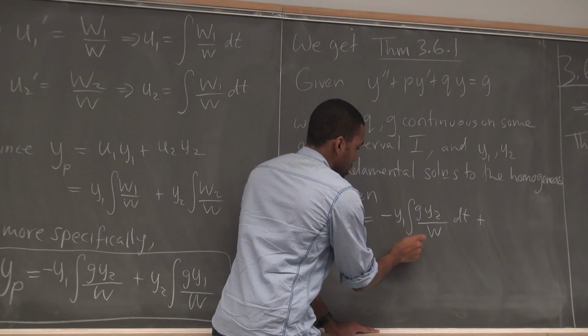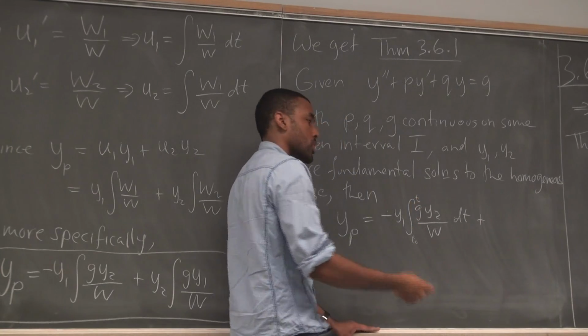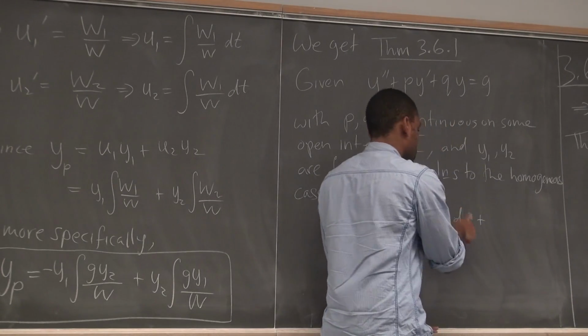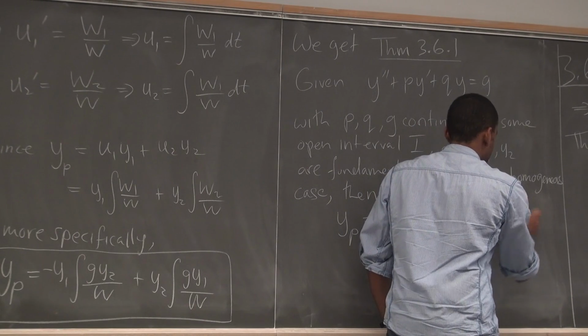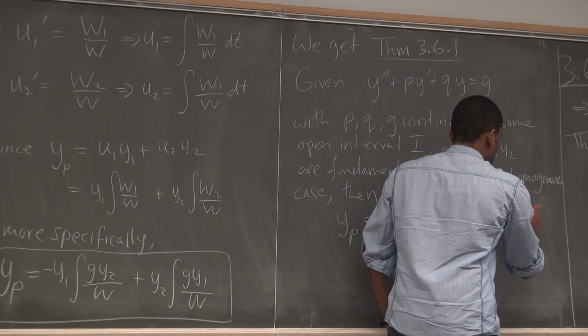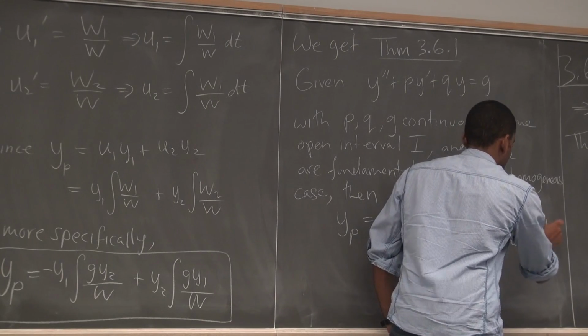Technically, you make this a definite integral because you want it to end up with a function anyway, from t0 to t, plus y2 times the integral of g y1 over w.